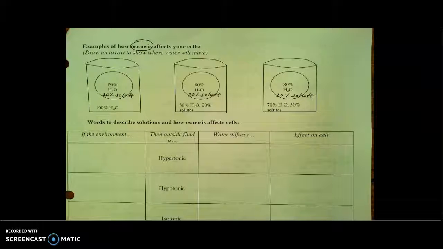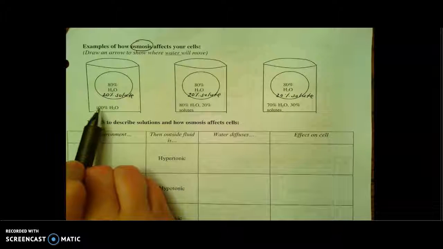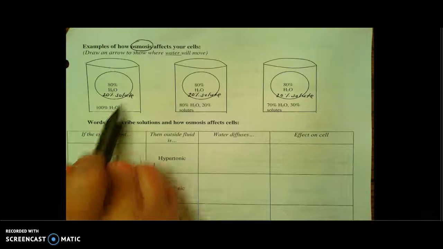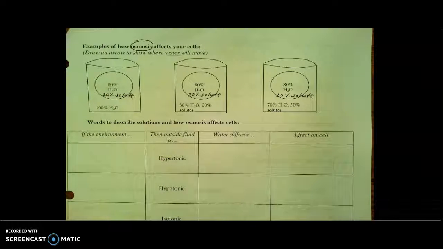There are a couple of different ways to look at this. We said earlier that osmosis is the movement of water down its concentration gradient, meaning moving from where water is high to where water is low. So if we look at that in this situation, we see that the water number is higher in the environment and lower inside the cell.